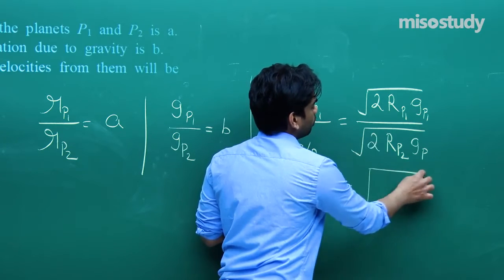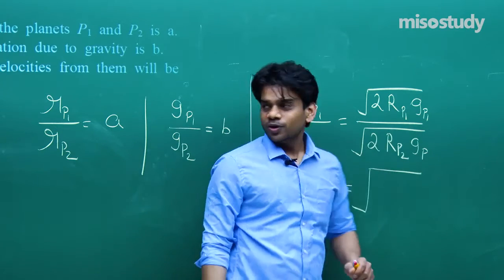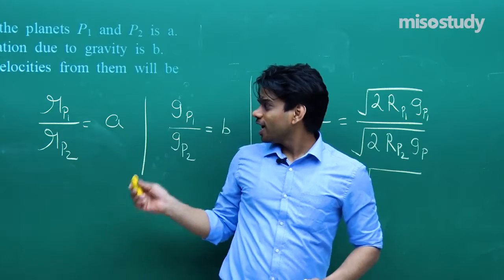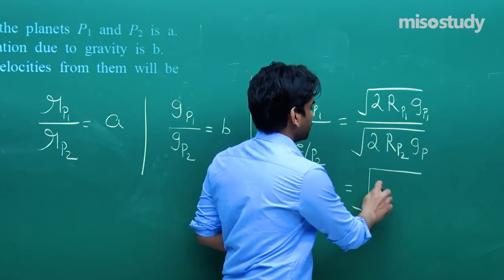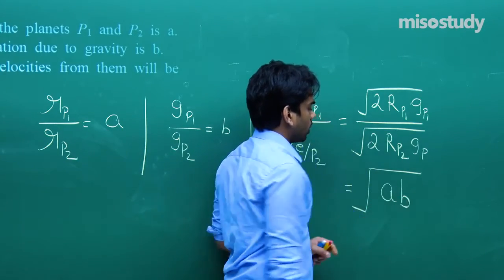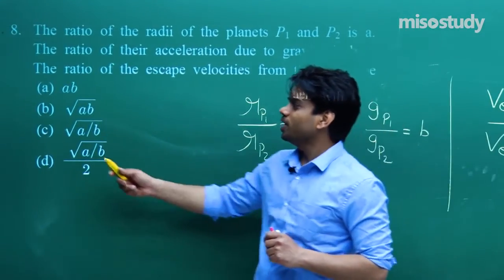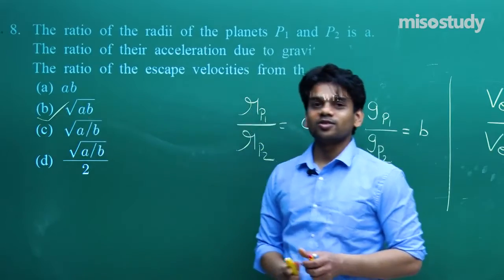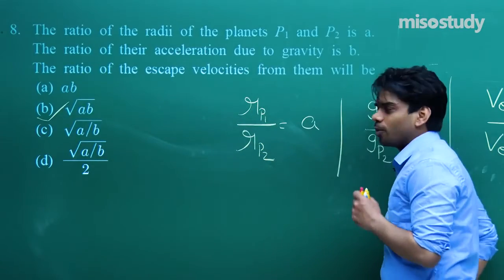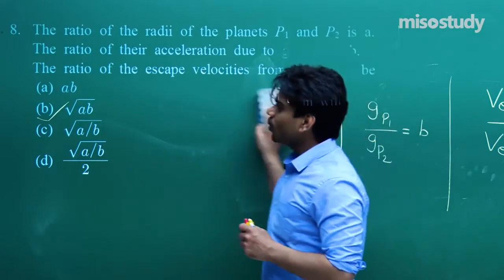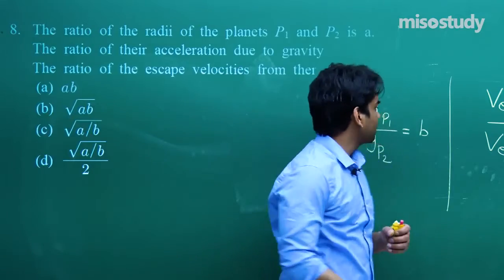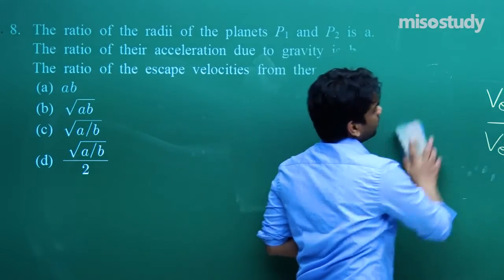It will come out to be R_P1 divided by R_P2, that is equal to A, and g_P1 by g_P2 equals B. So this will be AB. So under root AB is the right answer. Let's check. Option number B matches clearly. So this is how you should know the formula. If you know the formula, you can go ahead and easily solve the question.